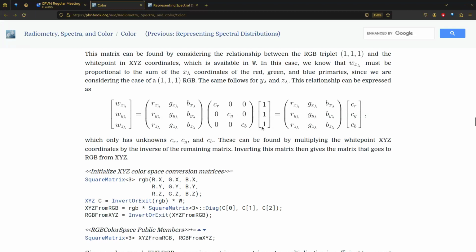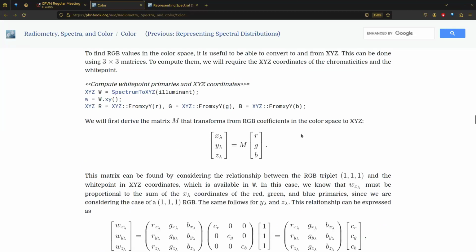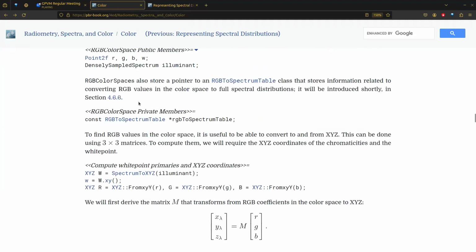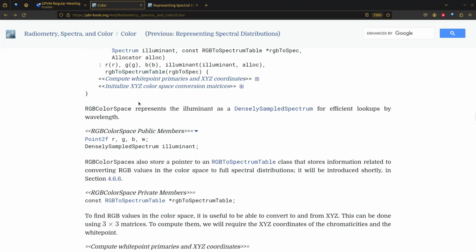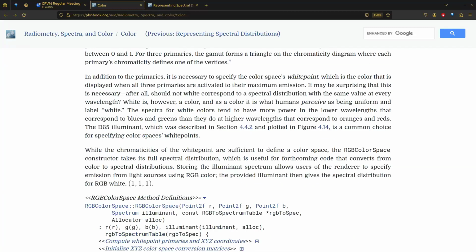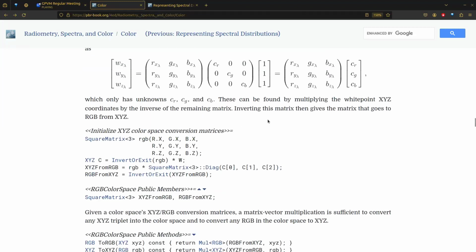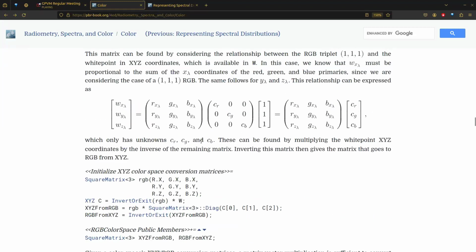And so we get some matrices that we can multiply and get W. Okay, and so we have 3 unknowns, I guess, XYZ.